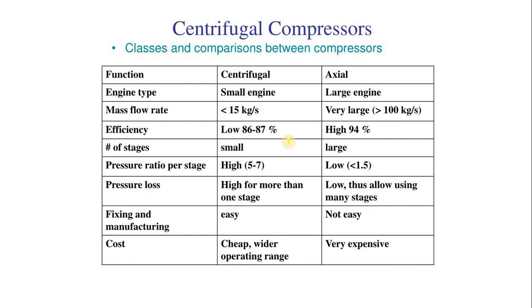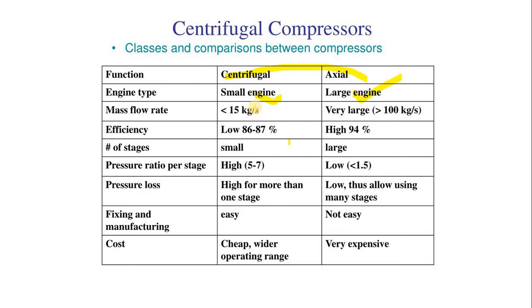Now this is the main comparison, you can say, between the centrifugal and axial flow compressor. Engine type: if the application is an engine, then definitely a small compressor is required, and here if you prefer the axial compressor, a large engine is required.